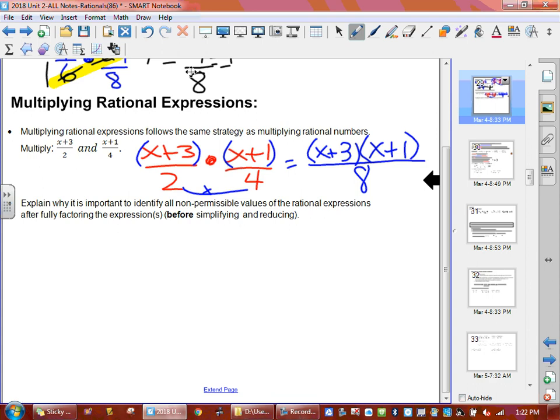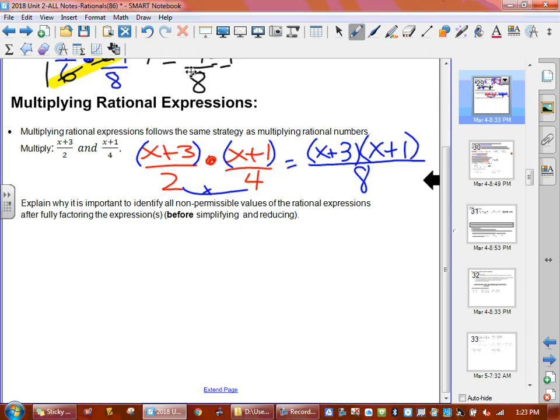So right after that it says, explain why it is important to simplify and do your non-permissibles before you cross-cancel. Why should you identify non-permissibles right after you factor? Why do you have to do that? Okay, so we know what it's not.